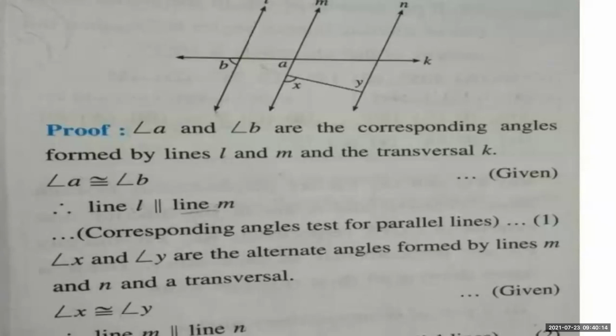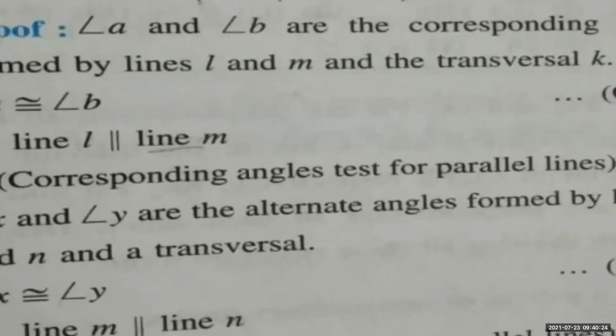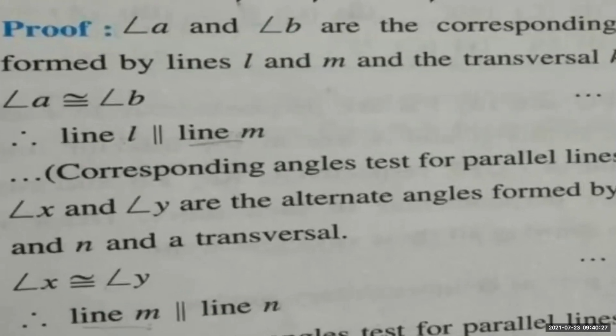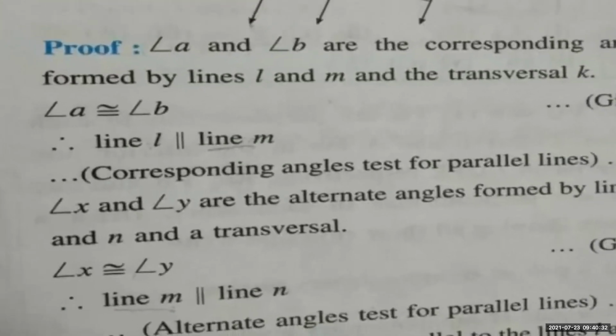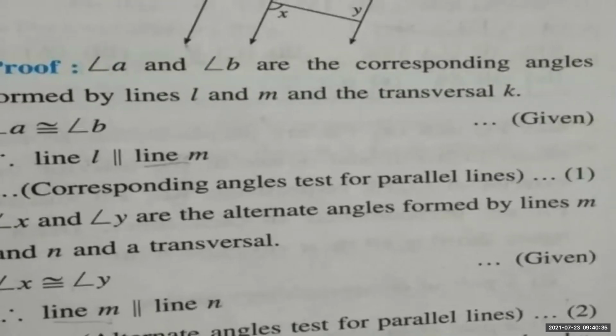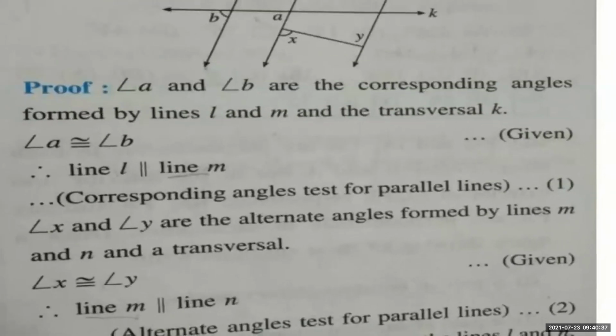Now similarly, angle X and angle Y are alternate angles formed by line N and M, and A is a transversal. You can also extend that line and give it another label.